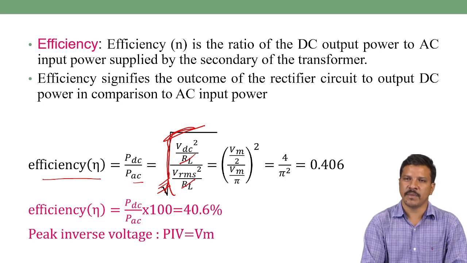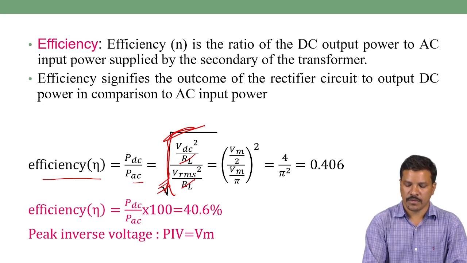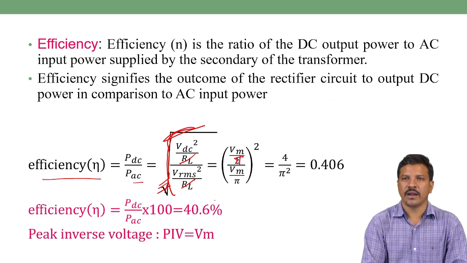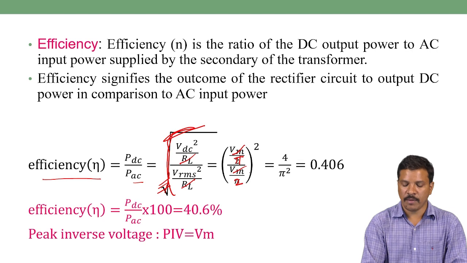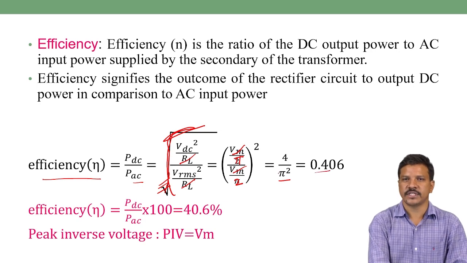We have VDC as Vm by pi, and VRMS is Vm by 2. So when Vm cancels, we have (1 by pi square) divided by (1 by 4). When we interchange, we get 4 by pi square, which is equal to 0.406.